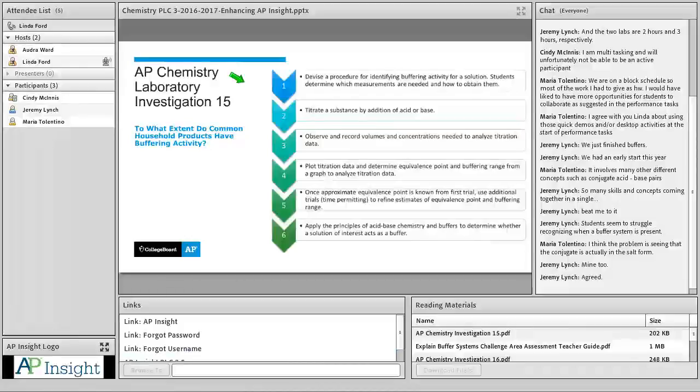With an 80-minute block, I have a hard time using the labs that are in the College Board lab book that we all probably possess, and therefore I find that the Flynn version is more streamlined, and it works really well for me. The other thing that is true is I don't do investigation 15.